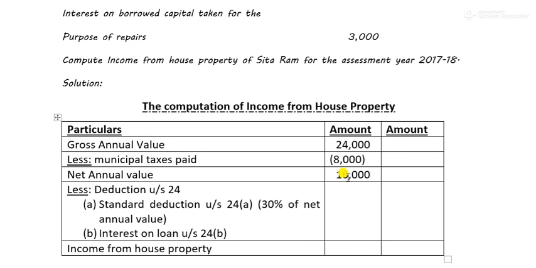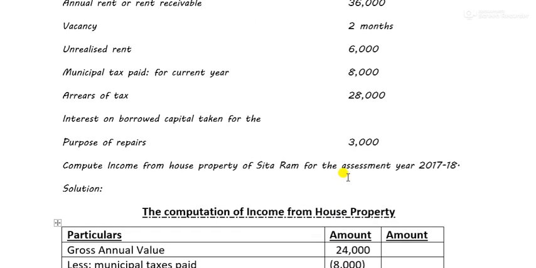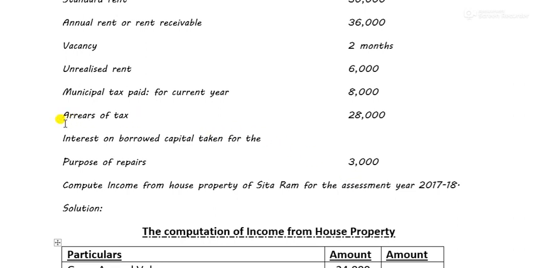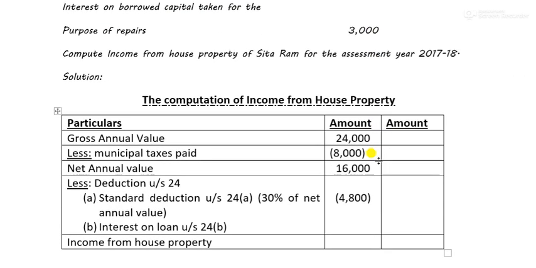Now standard deduction. First of all, 30%, 16,000 into 30%, 4,800. Then interest on loan. Is there any interest on loan? Interest on borrowed capital taken for the purpose of repairs, 3,000. So interest on loan deductible will be 3,000.